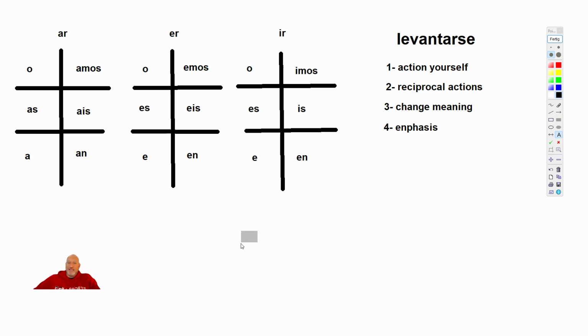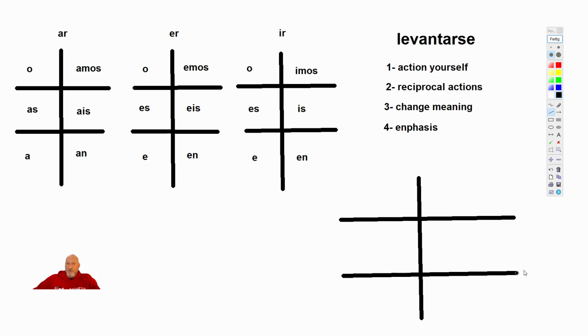I want to tell you first how to conjugate a reflexive verb. Because a reflexive verb is basically a normal verb. It's simply that it will need one extra little word accompanying the verb. We call them reflexive pronouns. So, when we conjugate a reflexive verb, we will need a little pronoun before the verb.